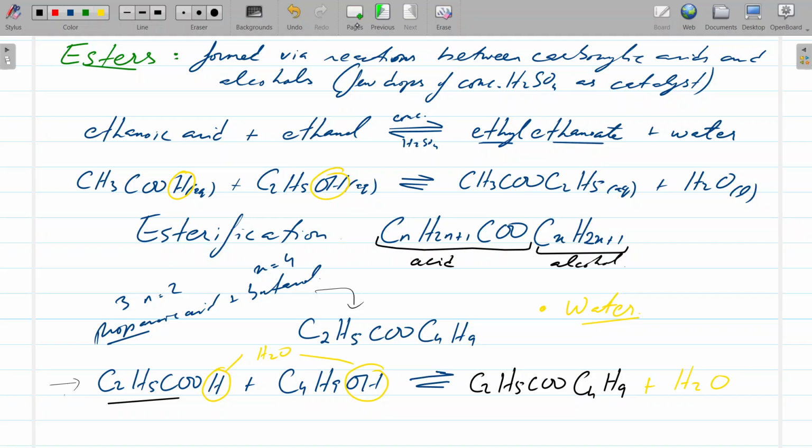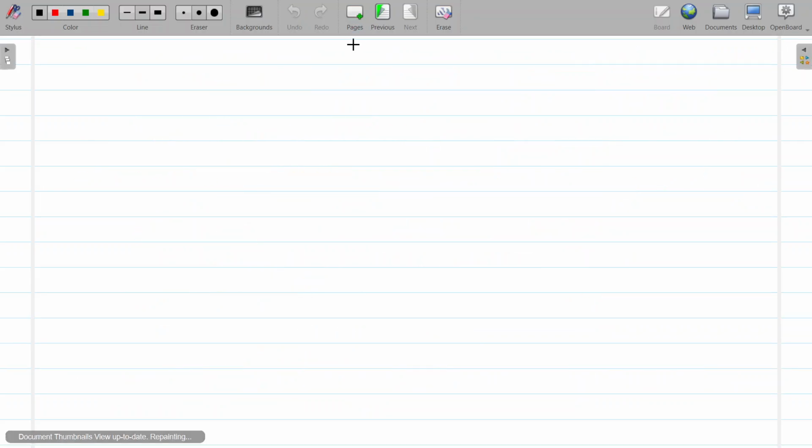The naming, how do we go about naming these guys? That might seem a bit more tricky. And so the alcohol part comes first.